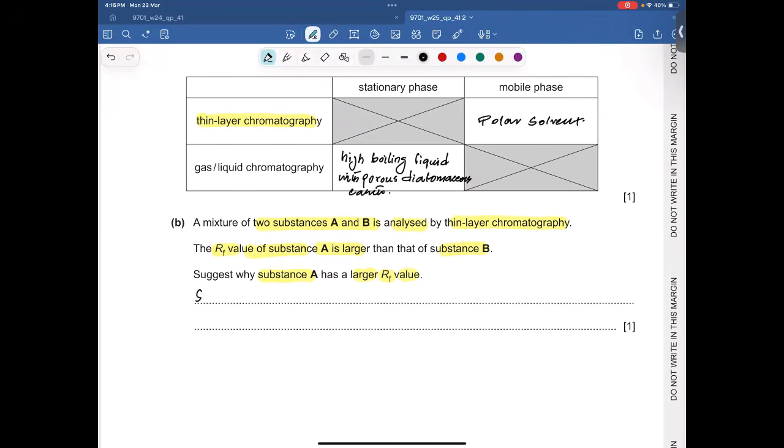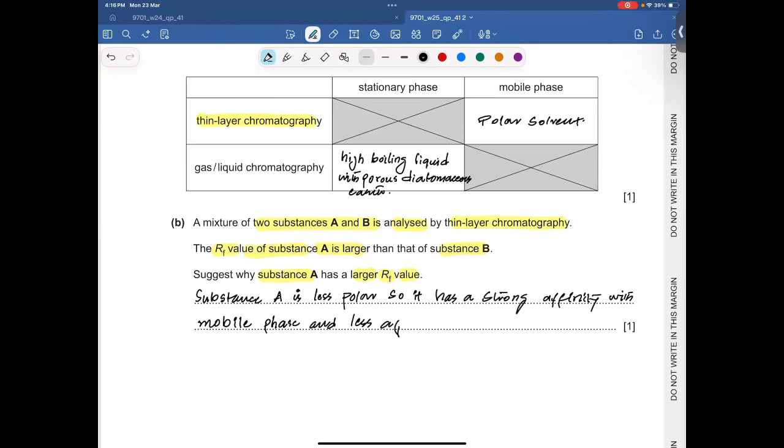So substance A is less polar, so it has a strong affinity with the mobile phase and less affinity with the stationary phase.